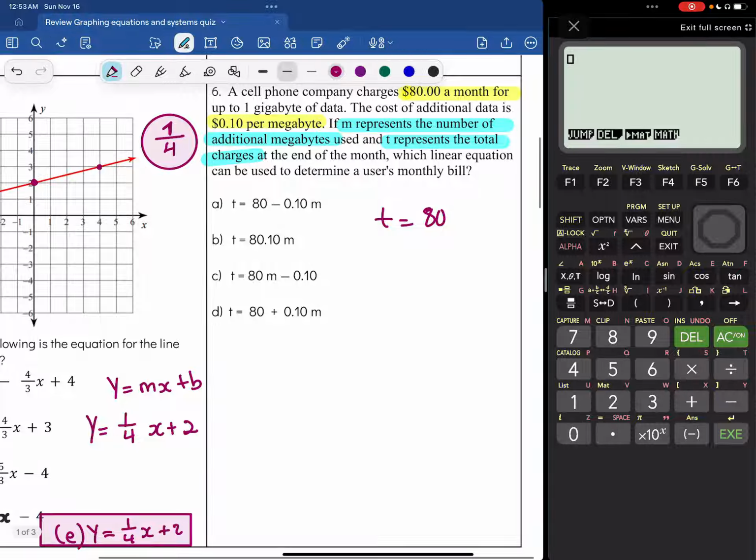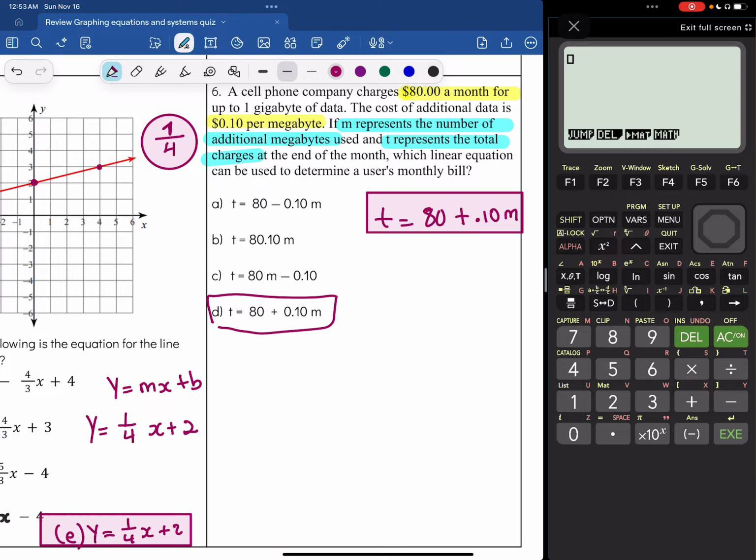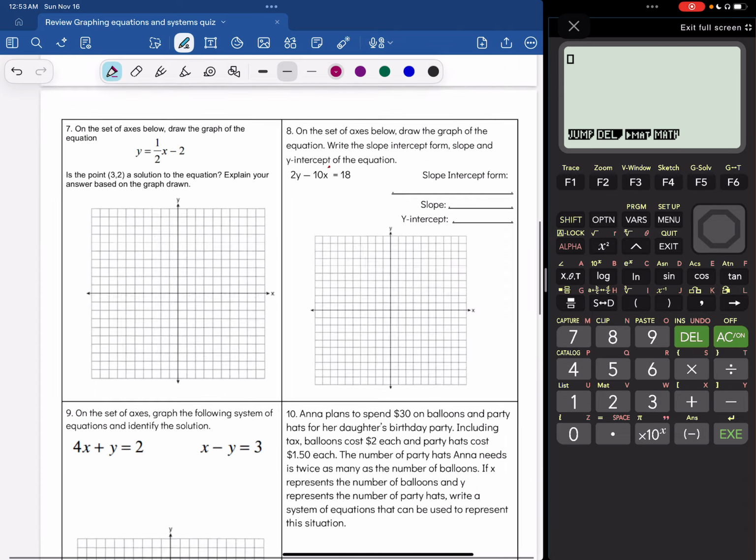So that's going to be plus because it's an additional charge, and then 10 cents is 0.10, and M for additional megabytes. So my equation here is 80 plus 0.10 M, which is choice D. Okay, that's that.